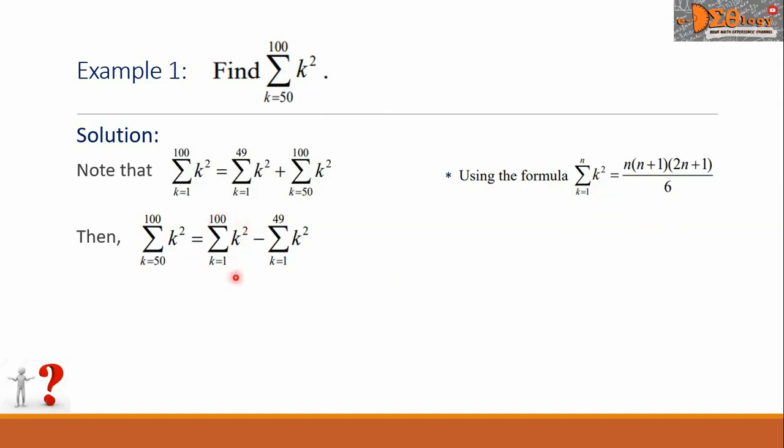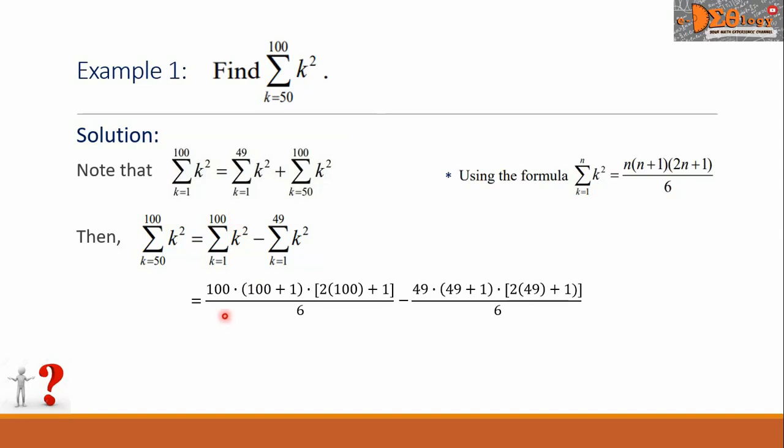In our first summation, the n is 100. So we will have now this 100 times the quantity 100 plus 1 times 2 times 100 plus 1, all over 6, minus the second summation. Our n here is 49.